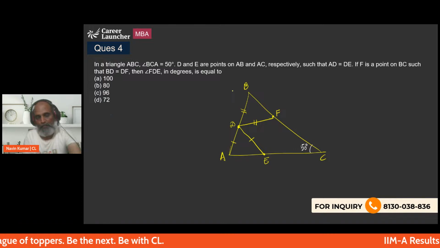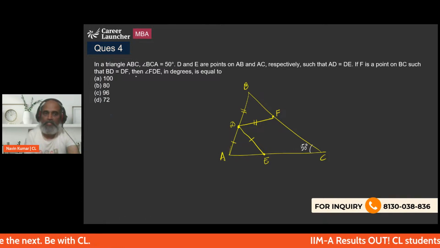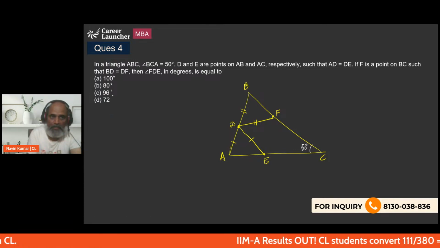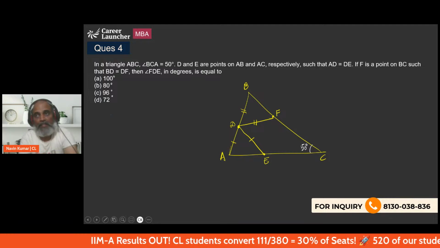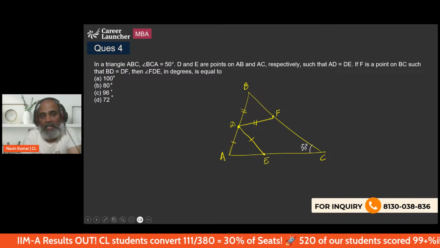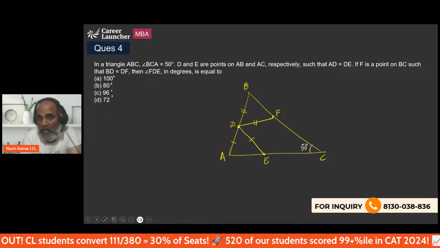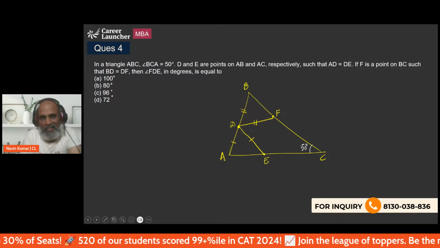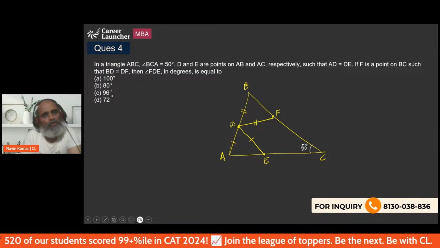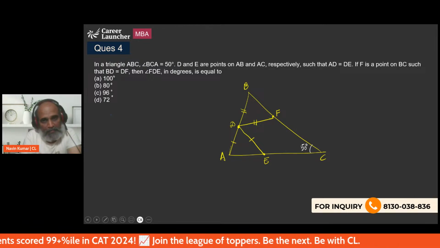Now, if you look at the options, none of the options say cannot be determined, right? So whatever angle we are going to have at A, or whatever angle we are going to have at B, together they will always give a fixed answer, right?